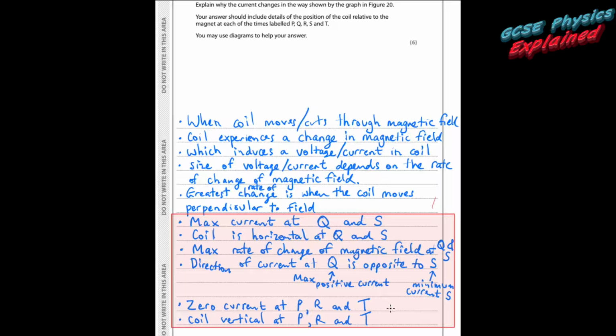And remember, when the 0 current coil was vertical, that was when the coil and mag field were parallel, and when you got the maximum current, that was when the coil and the mag field were perpendicular. Right, I hope that helps. Pretty tricky stuff.